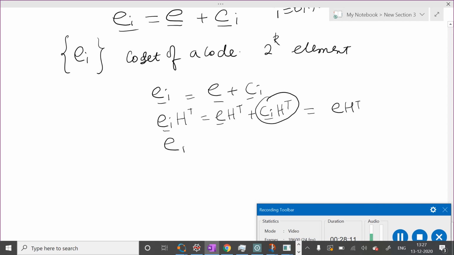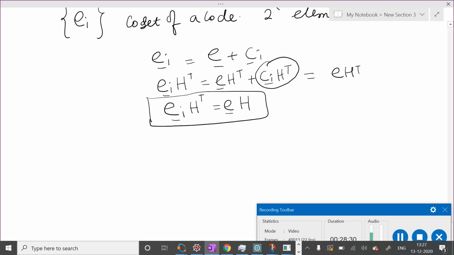So you see, Ei is an error which differs from the error pattern E by a code word. All such error patterns have the same syndrome, right? So this is one important property.